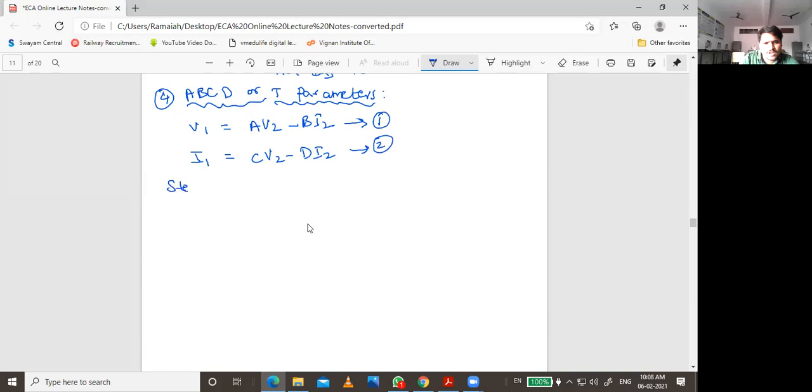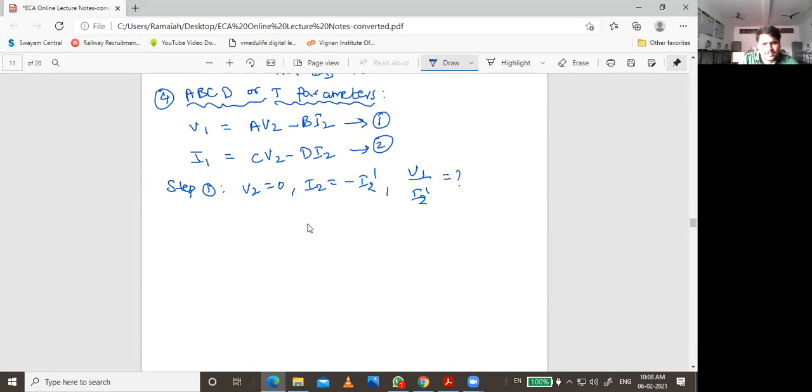What is step 1? The procedure is the same for all. Step 1 is port 2 short circuit, and I2 equal to minus I2 dash. Now what we have to find is V1 by I2 dash.